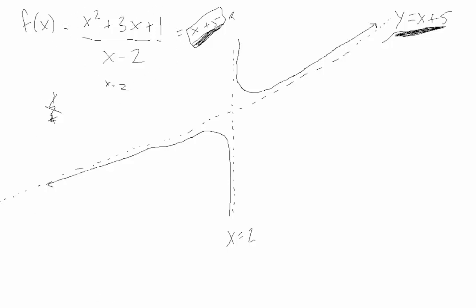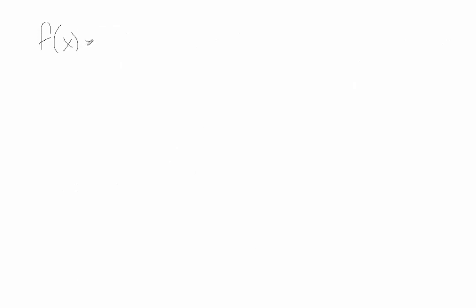Okay, we've got f of x equals x squared minus 2x plus 4 over x plus 1. Again, there's going to be no bound for the function values. As x goes to positive infinity, the value of the function is going to go off to infinity.